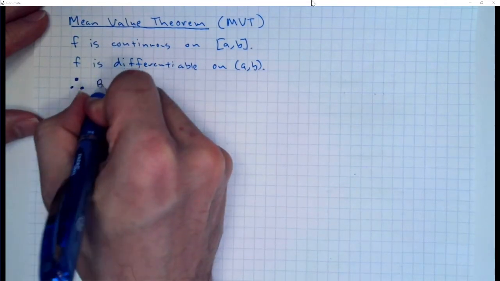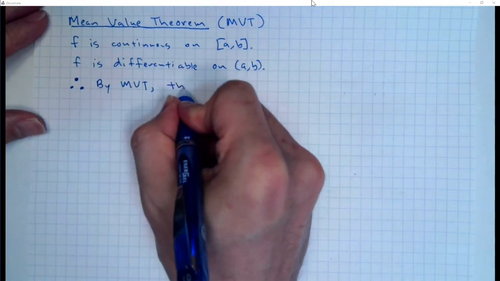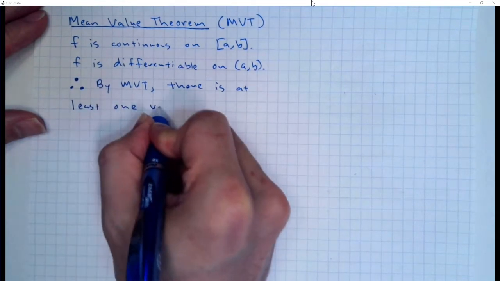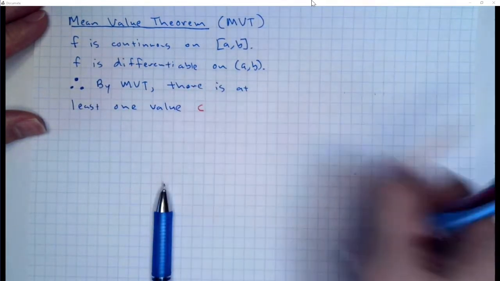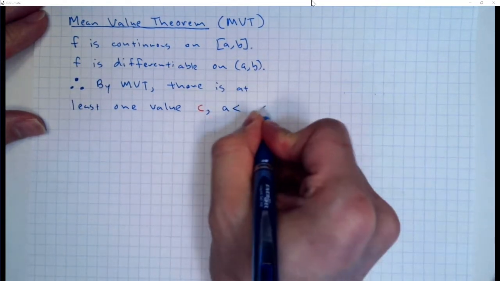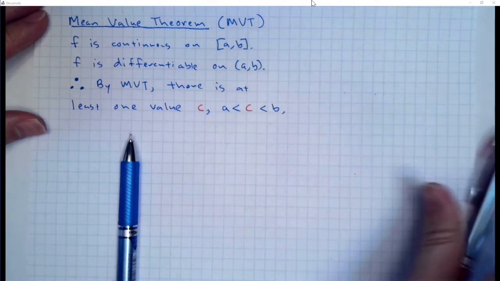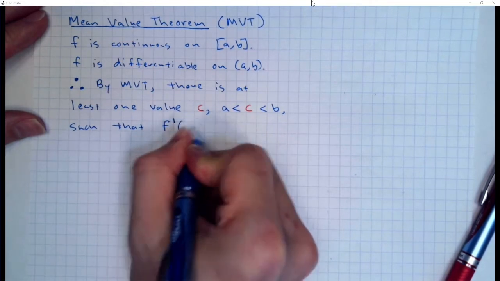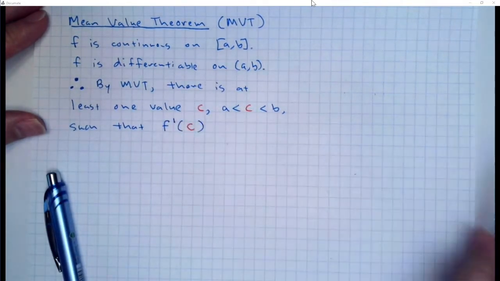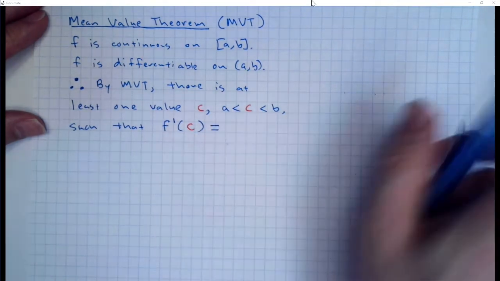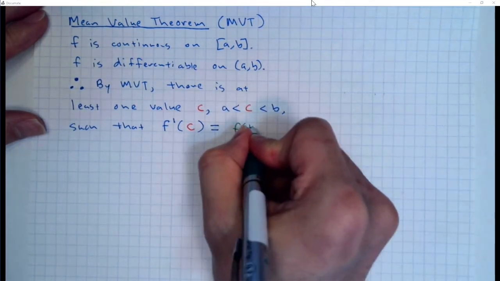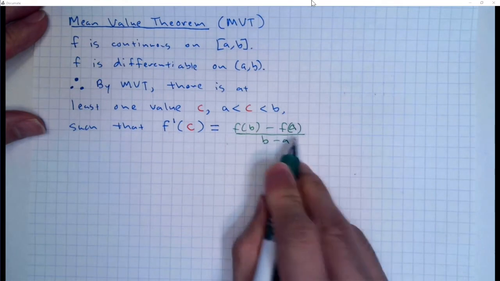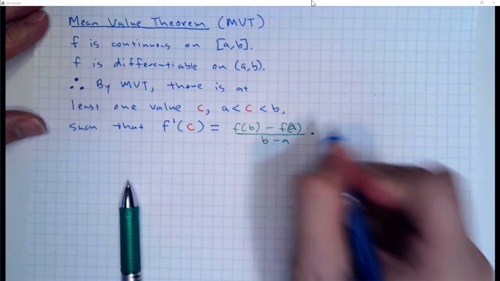Therefore, triple dot by MVT there is at least one magical value C. Oh, and by the way, C is going to be between A and B, such that F prime at this magical value C is exactly equal to F of B minus F of A over B minus A. Period.